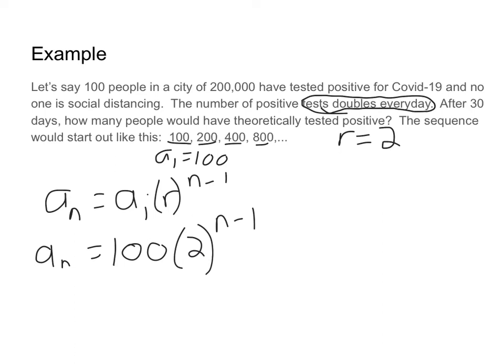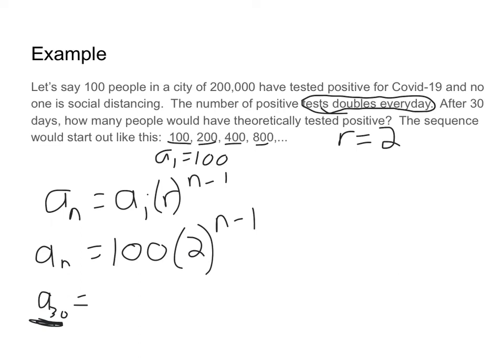Eventually we have to think about, we have a city of 200,000 people, so we can't have more than 200,000 people in that particular city that has it, but just for example purposes is what we're using. So after 30 days, the left side here, this a sub 30, all that's telling us is we're finding the 30th term. We don't do anything on that side with the 30.